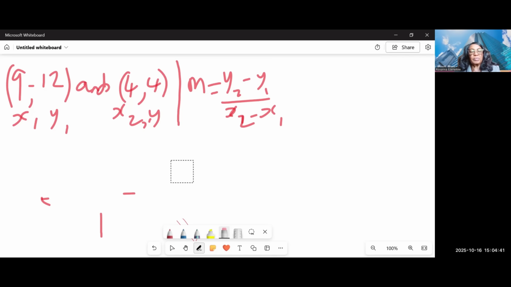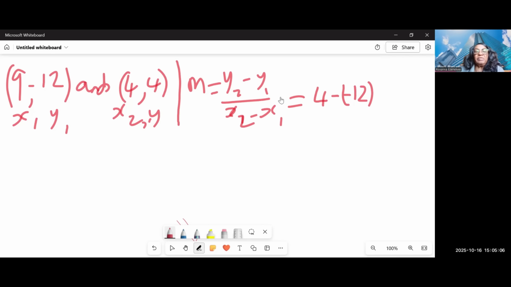So using the 2 points, according to the points, my y2 is 4. My y1 is negative 12.